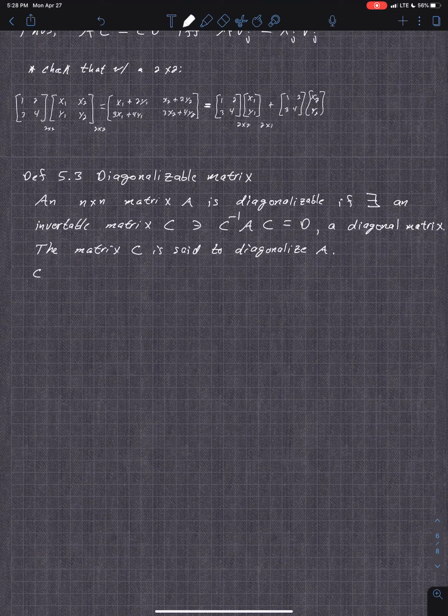C is invertible, for a number of reasons, but we're going to say if and only if the rank of C is equal to n, and C is an n by n matrix, which is the column vectors of C form a basis for n space.